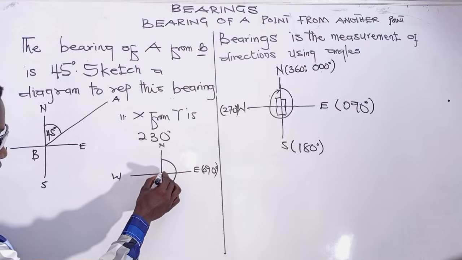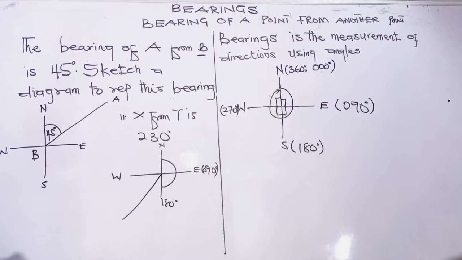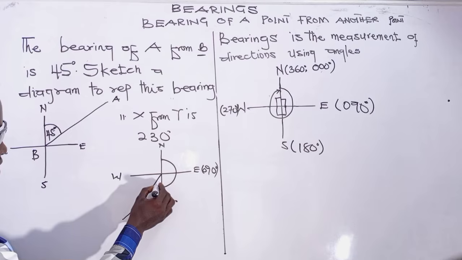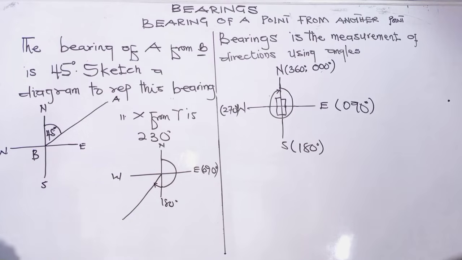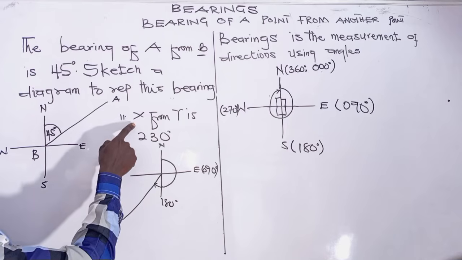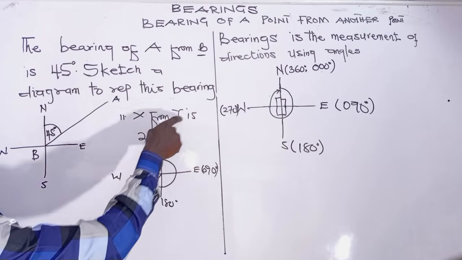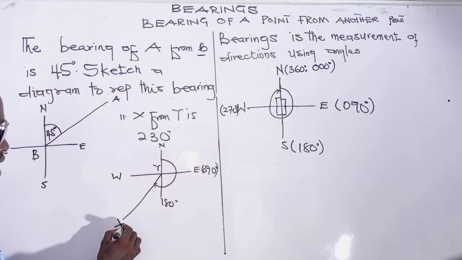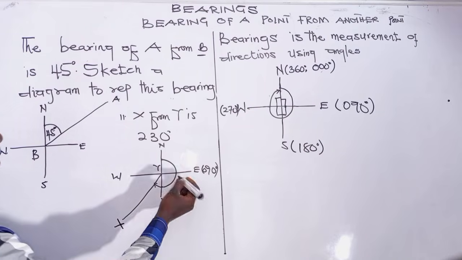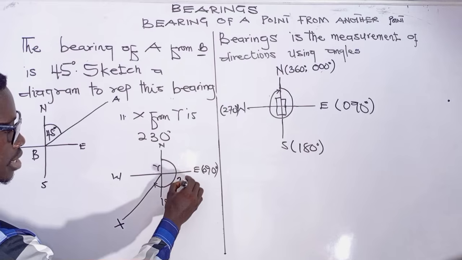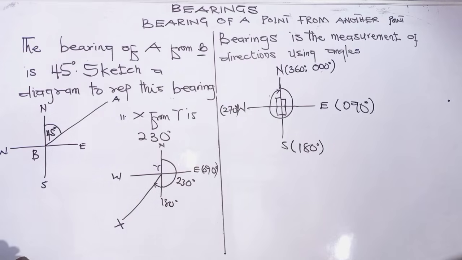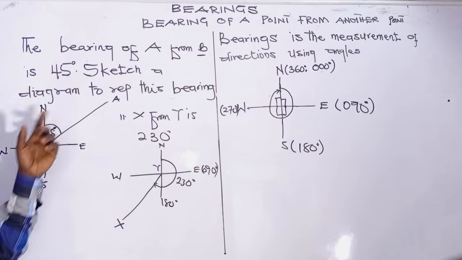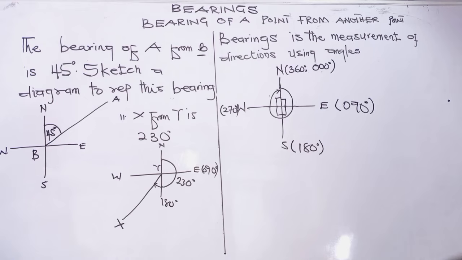So it's going to lie in this very quadrant. So we have this simple diagram. So we are saying that the bearing of X from Y. So Y will be here, and then we have our X. And then we have the angle, which is 230 degrees.